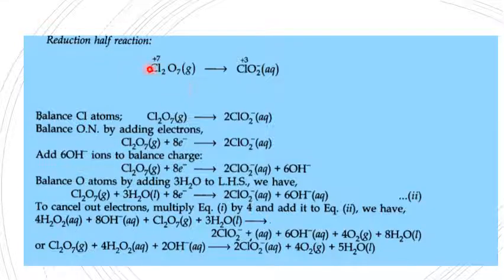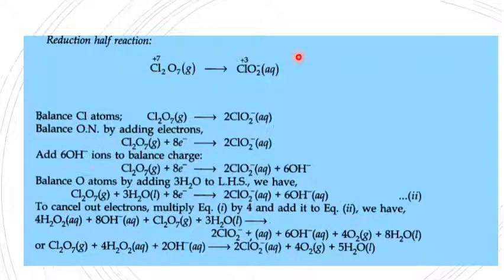So here plus 7 to plus 3, so there is a decrease in oxidation state by 4 units. First you are supposed to balance the atom which is undergoing oxidation or reduction. Here chlorine, 2 atoms are present on the reactant side, and on the product side it is 1.